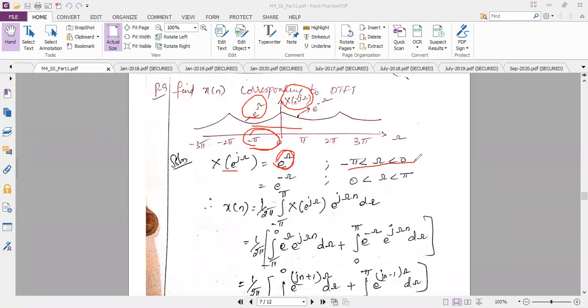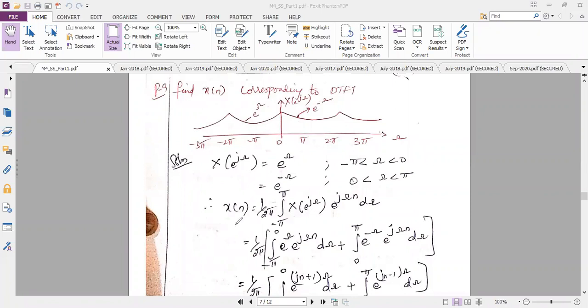I have to get the equation so that I can use the formula and get the answer. Then the next term is e power minus omega for the interval 0 to pi. So from the diagram I am just writing it in terms of equation. Once this work is done, it is almost easy for us.